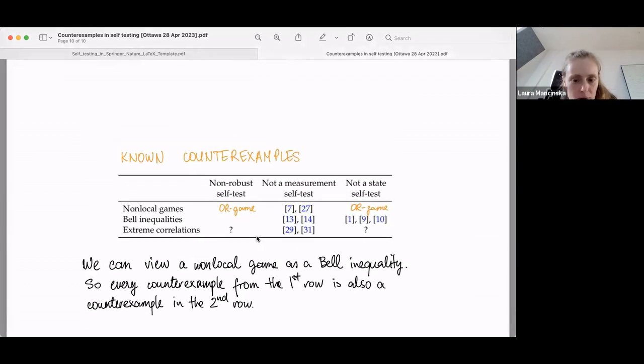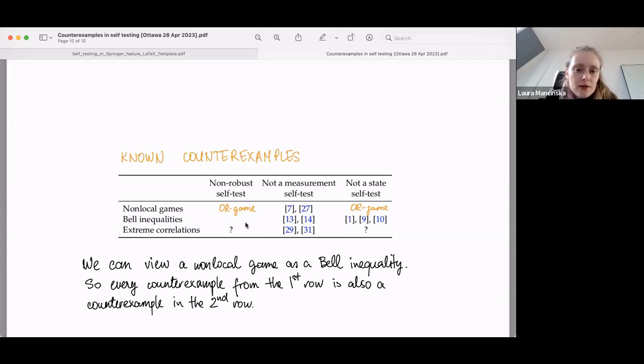some open questions. Here's a table of what's known in terms of counterexamples to self-testing. You could ask, do I have a counterexample of a game that does not self-test anything, or a counterexample of a game that is a non-robust self-test, so that it is an exact self-test, not a robust one? And then you could ask the same for extreme quantum correlations, truly quantum correlations.